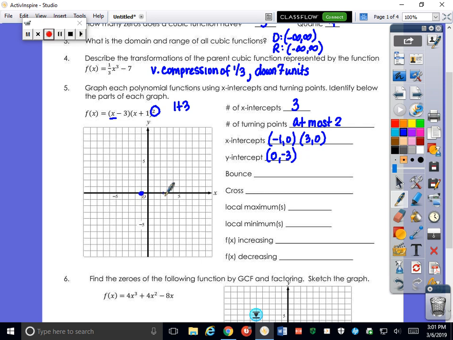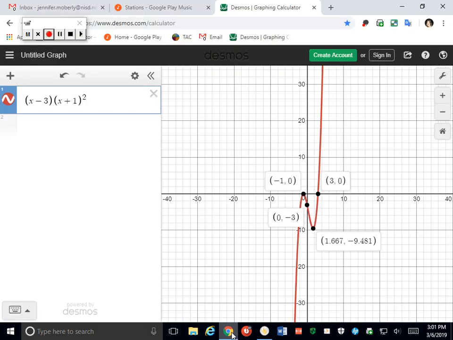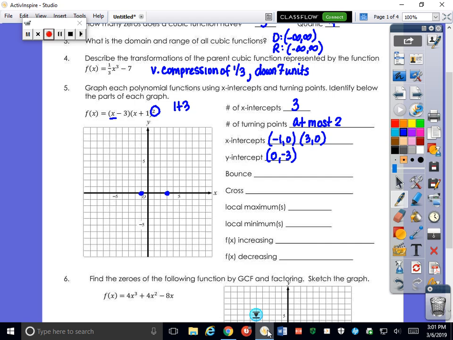If you notice, a bounce is going to change directions at the x-axis. So in this particular one, at this point right here, it bounces off of it and goes the other direction. But then at this particular point right here, it crosses. So the bounce is at -1 and the cross is at +3.